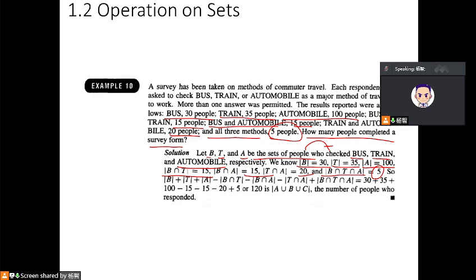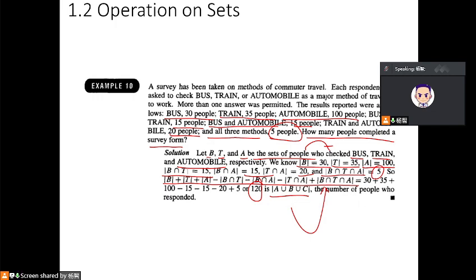So the cardinality of the union of B, T, and A can be calculated like this, and the answer is 120. So there are 120 people who completed the survey form.